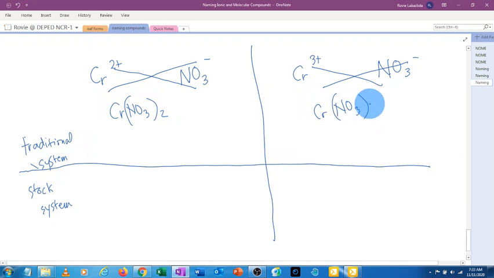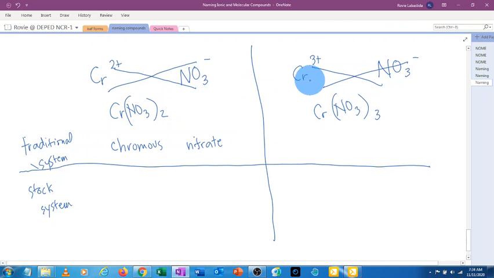and for this one, Cr(NO3)3. Okay, so for the traditional system, since this has a lower charge, which is 2, this will become chromous nitrate. So, we added the "us" to the root term of the metal and then just mention the name of the polyatomic anion. So, chromous nitrate.